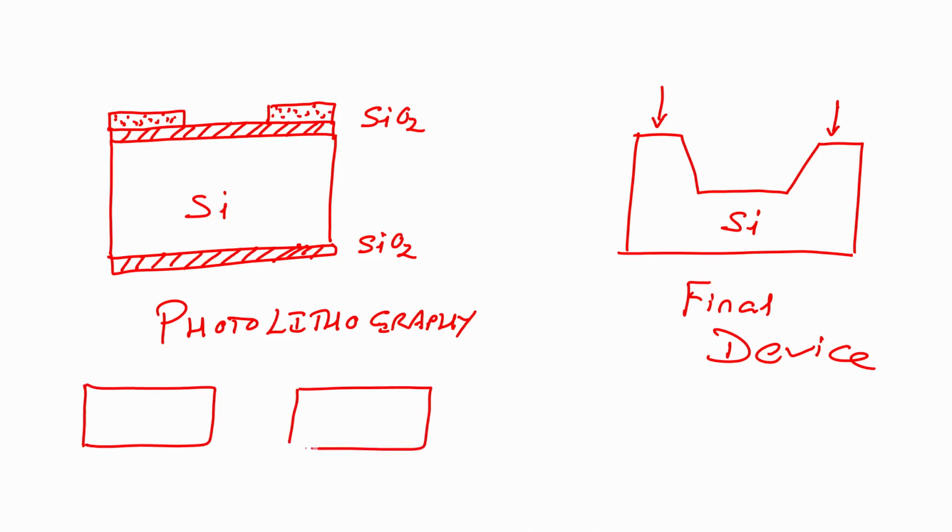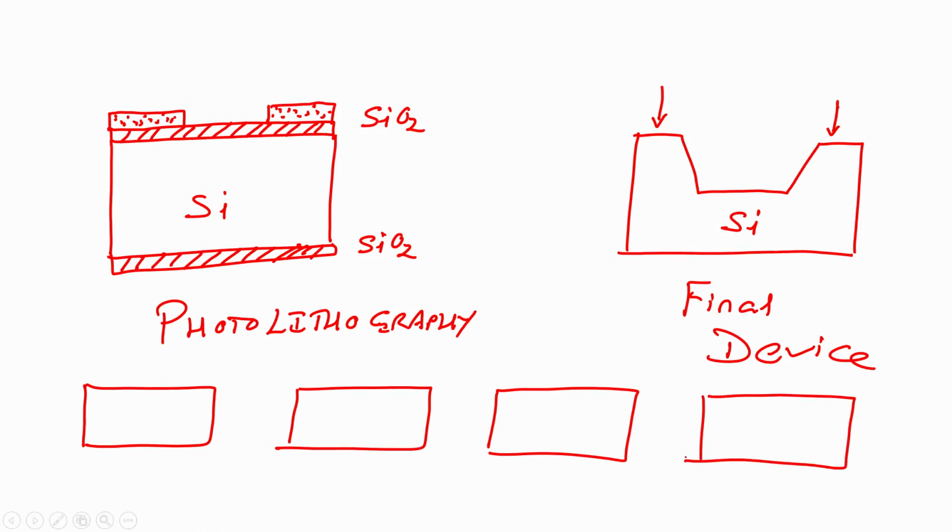If you see my earlier courses, you will understand how photolithography works. This is the silicon wafer, this is the oxidized silicon wafer, and this is the oxidized silicon wafer with photoresist.